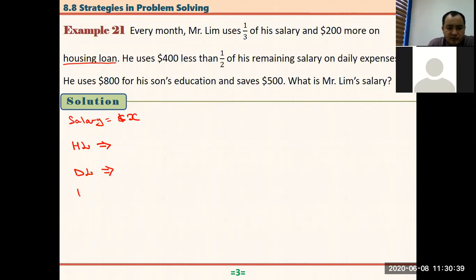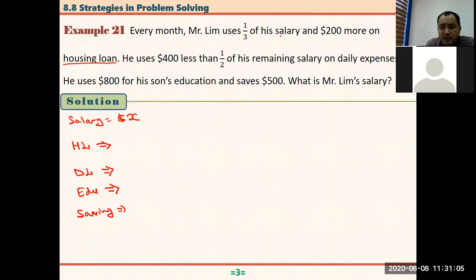So let me write here, son's education, right? And saves $500. So his saving is $500. What is Mr. Lim's salary? Okay, good. So now we will start from here. He has three different expenses, and the remaining one is saving.